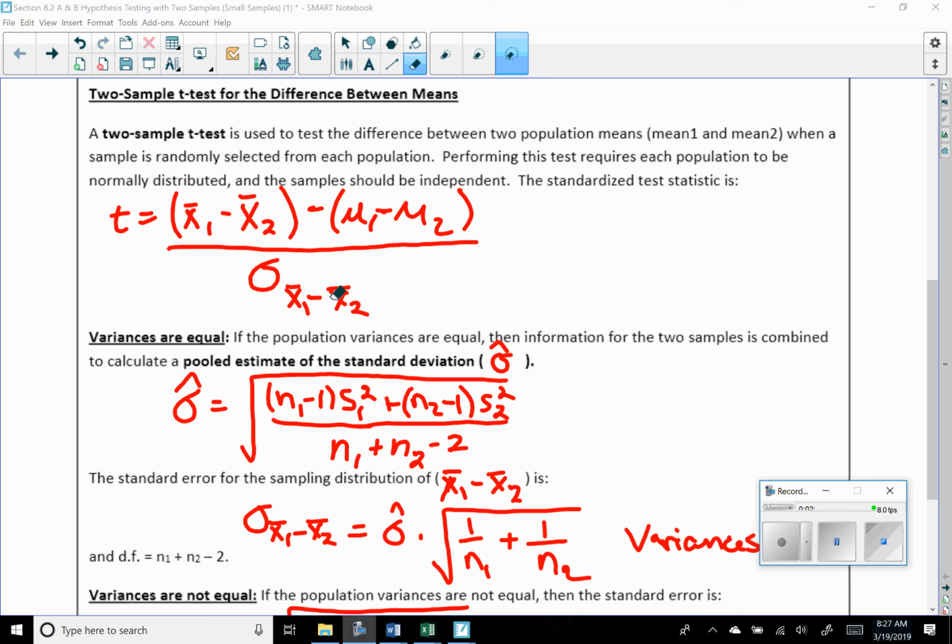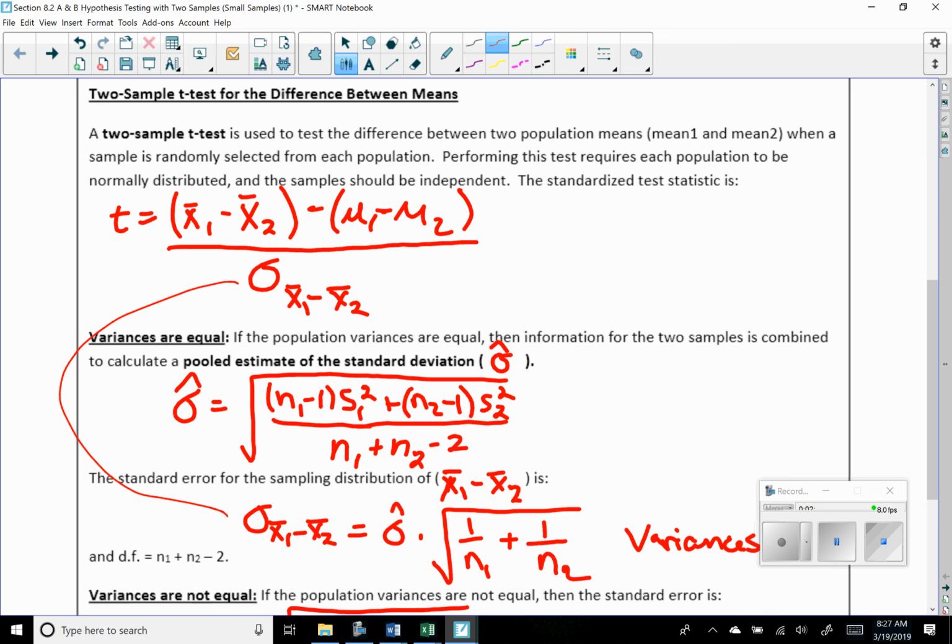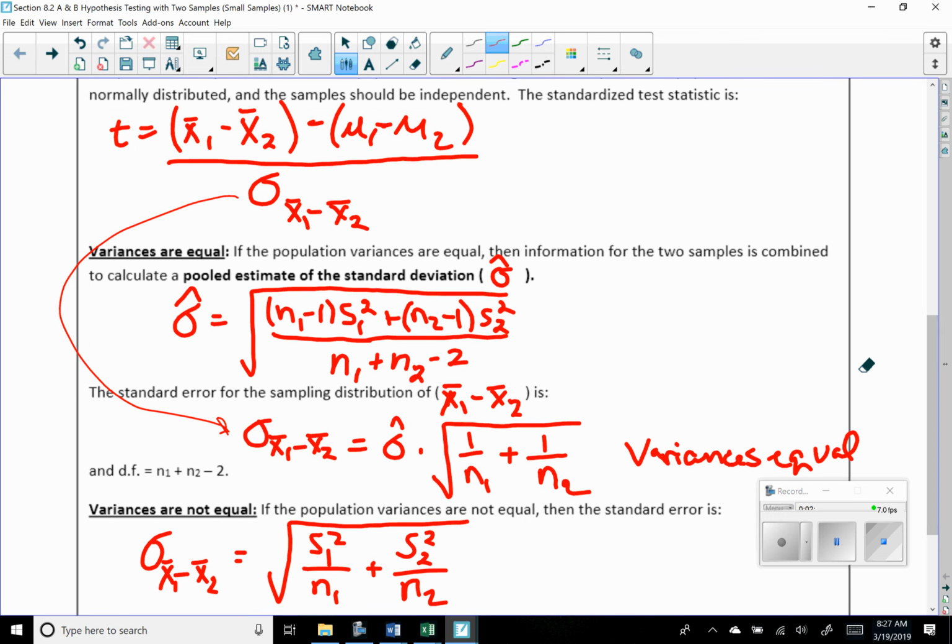Now this part right here is actually calculated using, this is kind of confusing, but this equation. Now, the difficult part of that is, this part is calculated using this if the variances are equal. If the variances are not equal, it's calculated using this. So there's a situation here where we have to decide, hey, are variances equal or are they not equal?